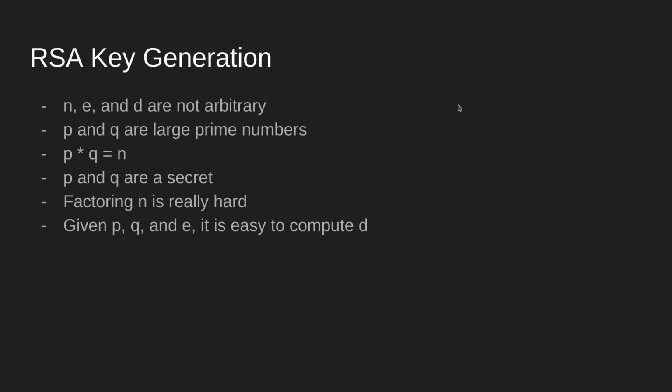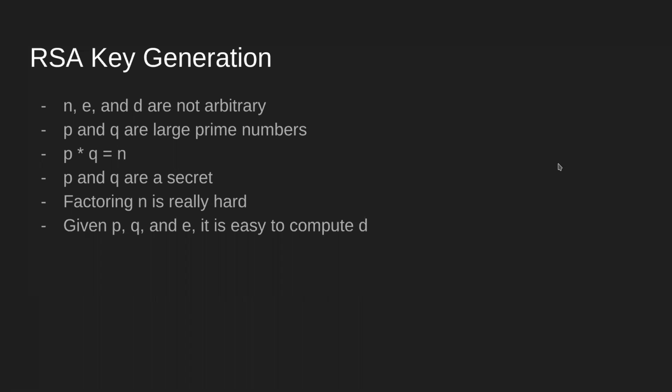RSA can be broken if N can be factored, but since there's no known efficient algorithm for factoring, if you have very large factors for N, computing the factors for N is computationally infeasible with currently known algorithms. There's actually no proof for that.